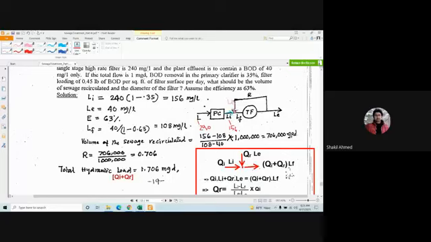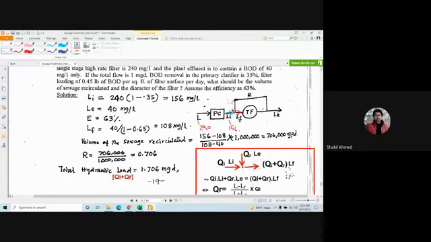This Li and this Le get mixed up, and after mixing they become LF, concentration. Okay, is it clear? Yes, sir.